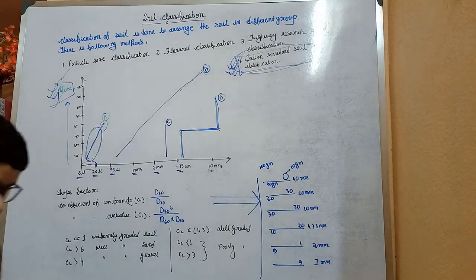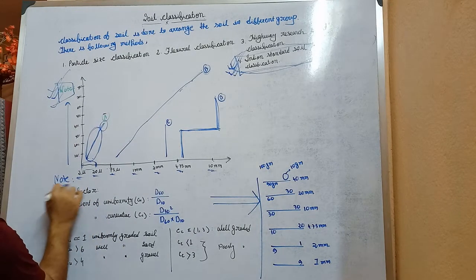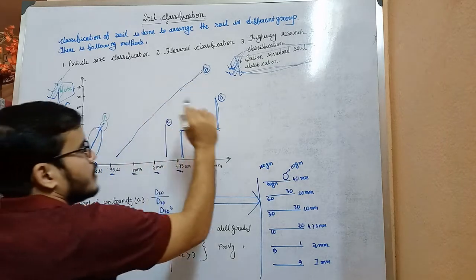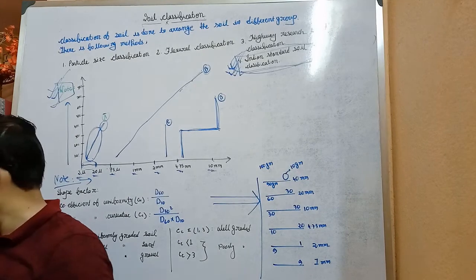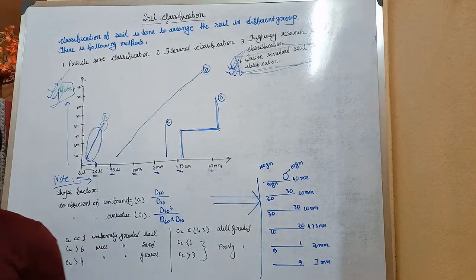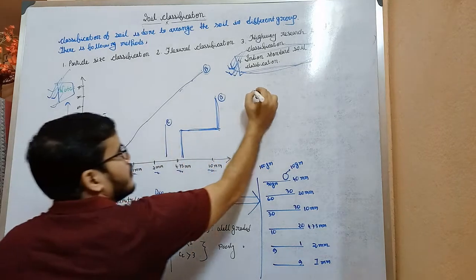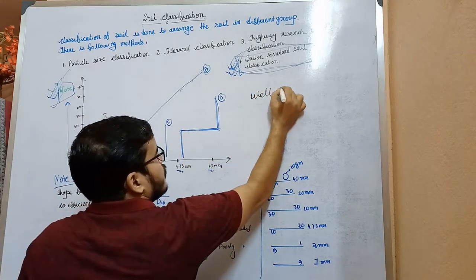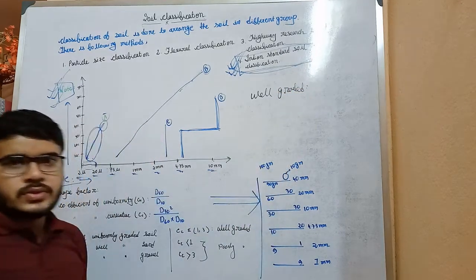Now write the note here, and you will understand the significance of this graph. First write down: well graded soil.